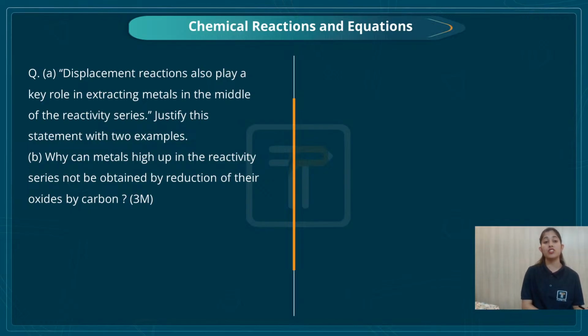That displacement reaction also plays a key role in extracting metals in the middle of the reactivity series. Yes. What can we do? What is the solution to this problem? We know displacement reaction is used. How is it used? We can use it to extract metals like iron, manganese from their oxide ores. How? By using a more reactive metal like aluminium, so that aluminium will displace them.